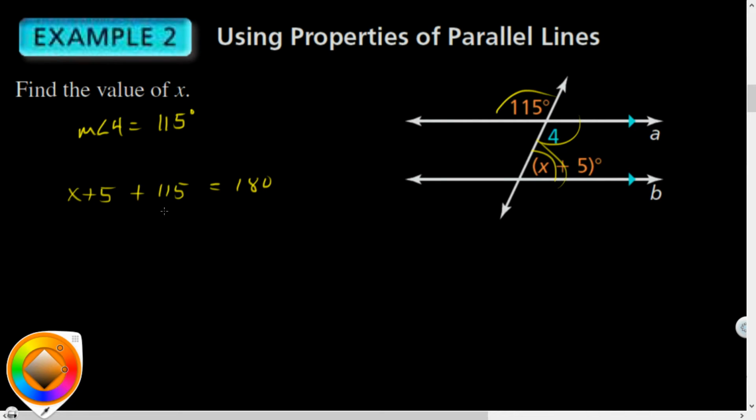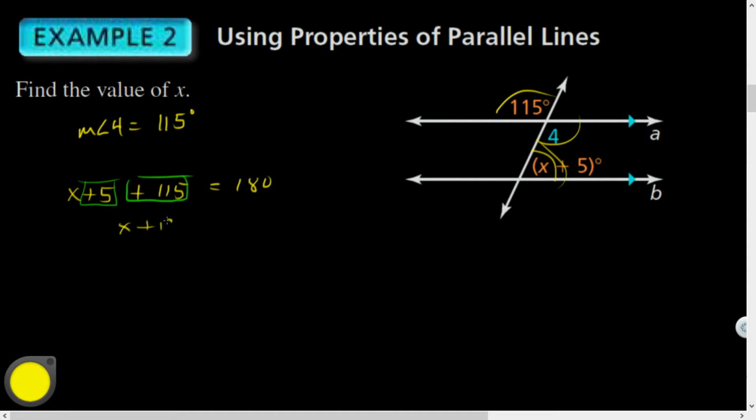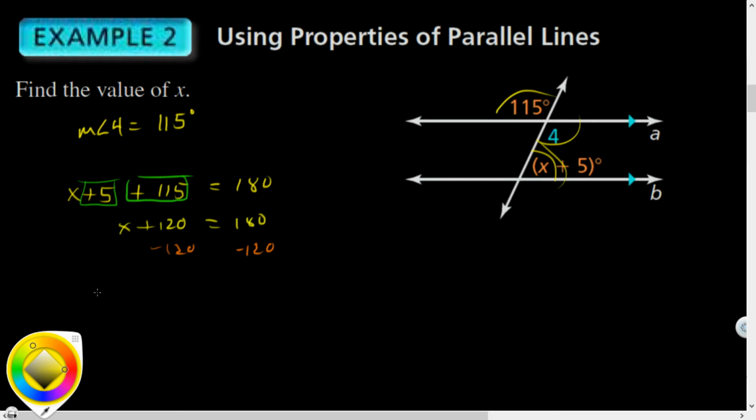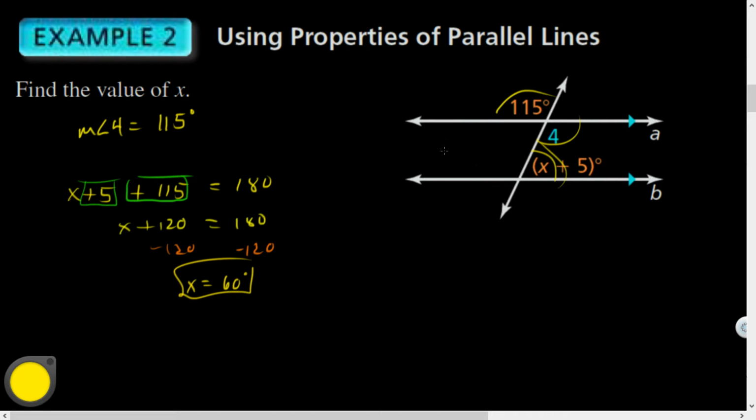Linear pair postulate. Let's see, so x plus 120 equals 180, and then, aha! Right, yeah, it's all right, we'll get there, so yeah, x equals 60.